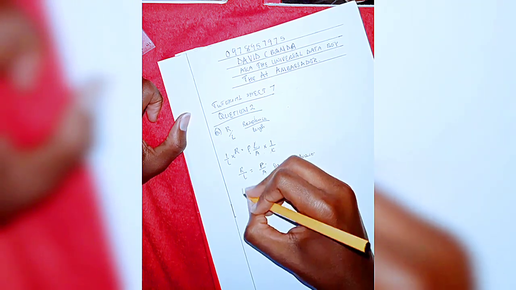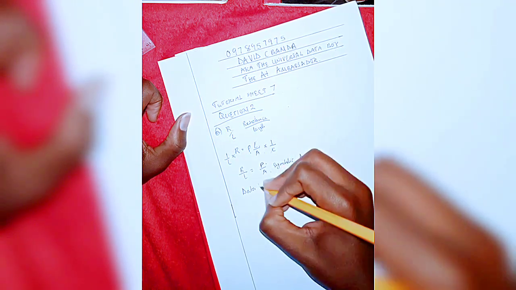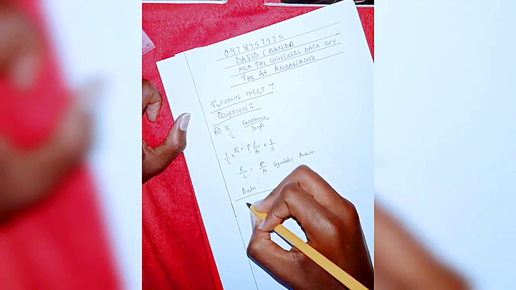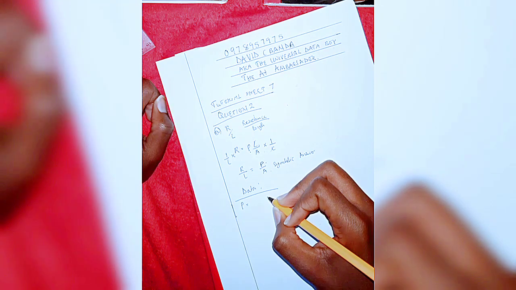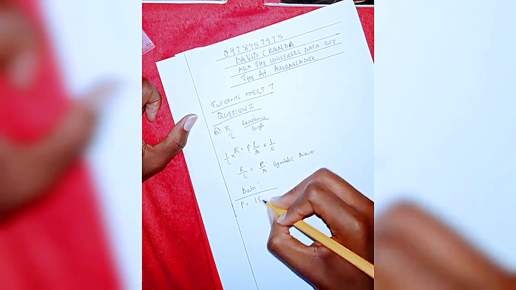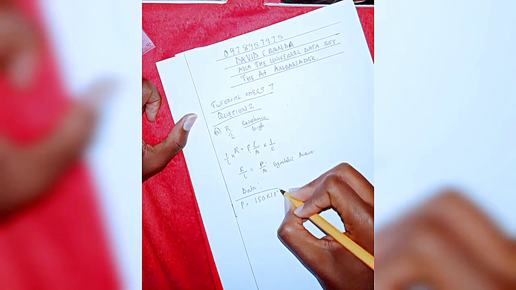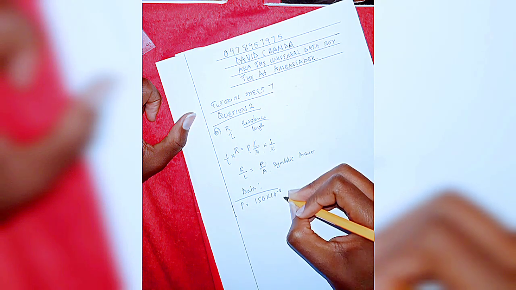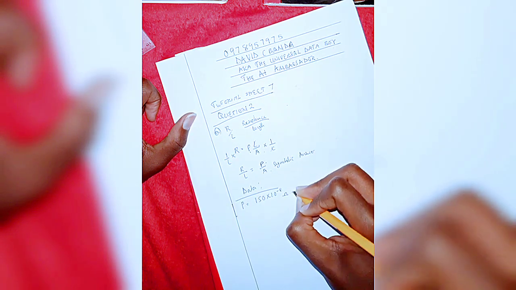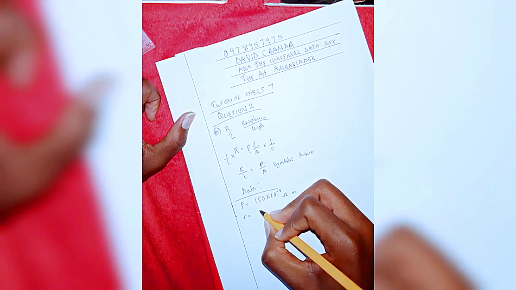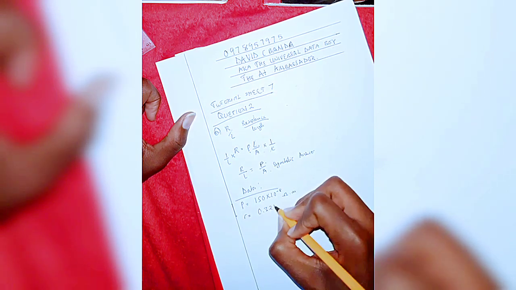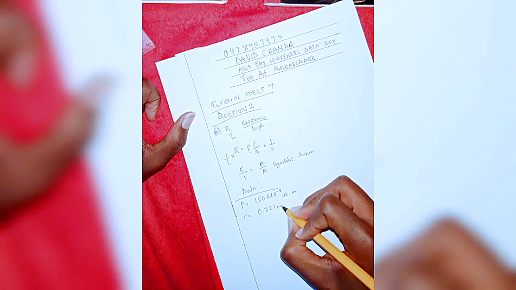So now we can collect our data. Rho is equal to 150 times 10 to the power negative 8, and it's in ohm meters. Then the radius we're given is 0.321, and it's in millimeters.